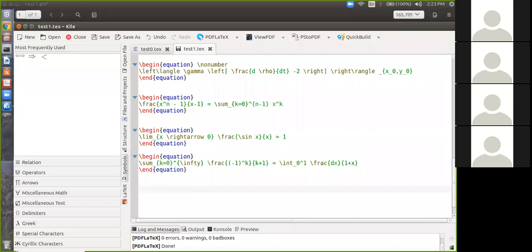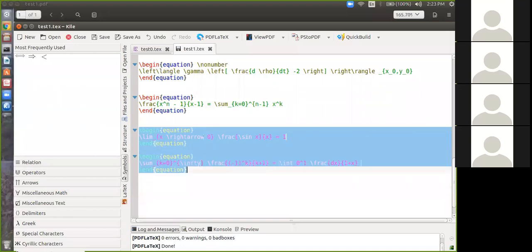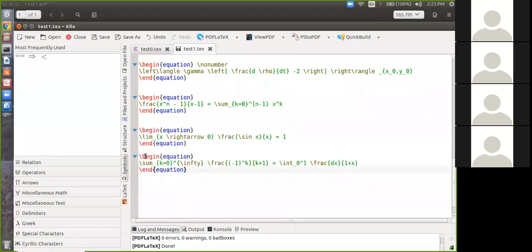Okay, so I will copy this thing. So equation array means the array of equations.